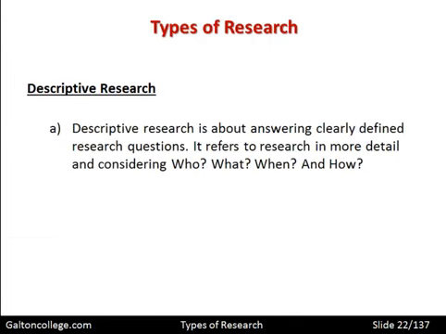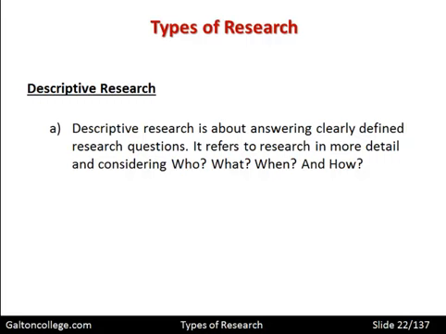Now, descriptive research. Well, this is about answering clearly defined research questions. There is, let's say, a research question. What is the relationship between price and sales in a given area? Descriptive research refers to looking at details related to that question, trying to describe what the situation is.